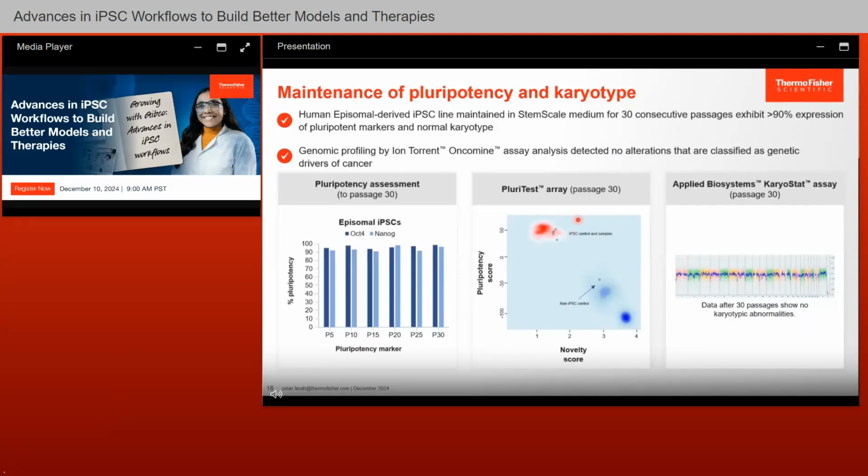And thankfully, again, even after 30 consecutive passages in suspension here, we do see our StemScale cultures cluster closely to our validated iPSC cell lines in our database.